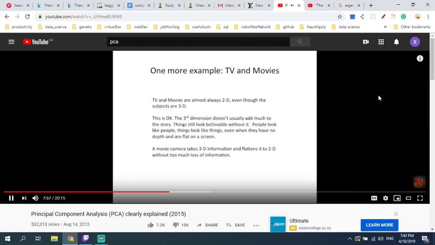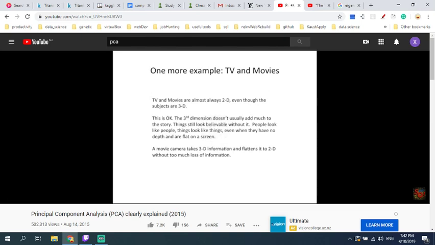Anyways, people look like people, things look like things, even when they have no depth and are flattened on a screen. Basically, a movie camera takes 3D information and flattens it to 2D without too much loss of information.